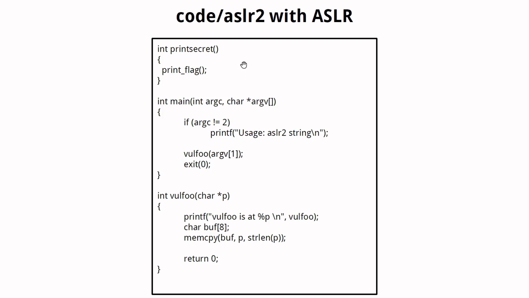Then in this address space, there is a print secret function, and the idea is to return to the print secret function. The difference between this one and the previous attack is we don't know the address of print secret. Right? So let's take a look.